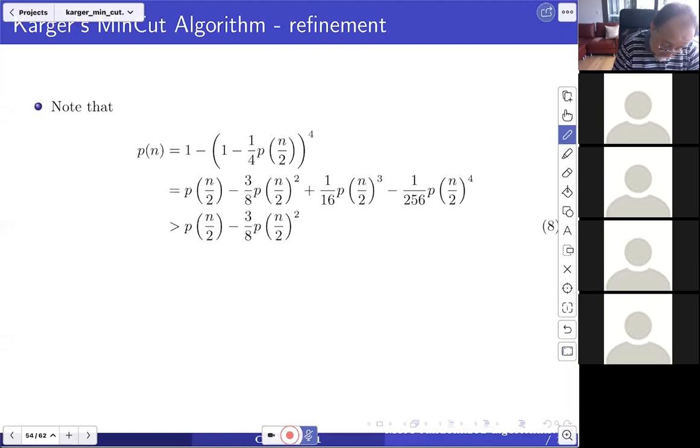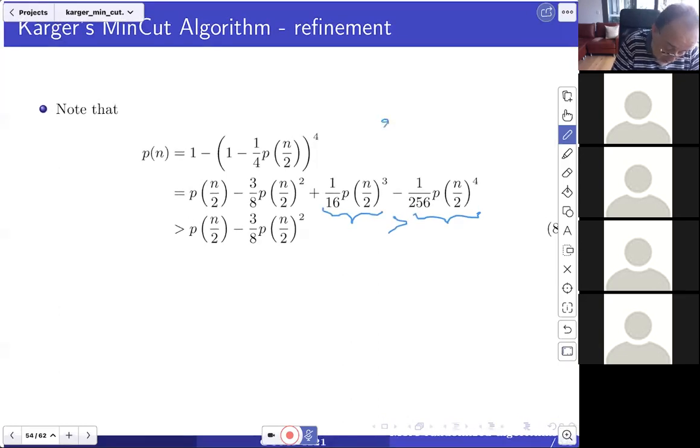And then notice, P is a probability, so it's smaller than 1. So this term here is larger than this term here, right? Because it's 1/16 and here is 1/256. And here P of n/2 is taken to the 3rd power and P is smaller than 1.